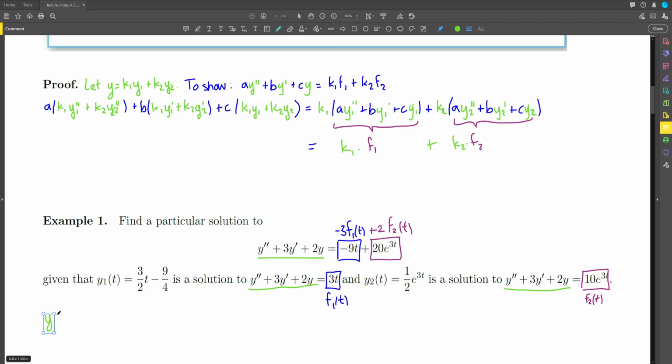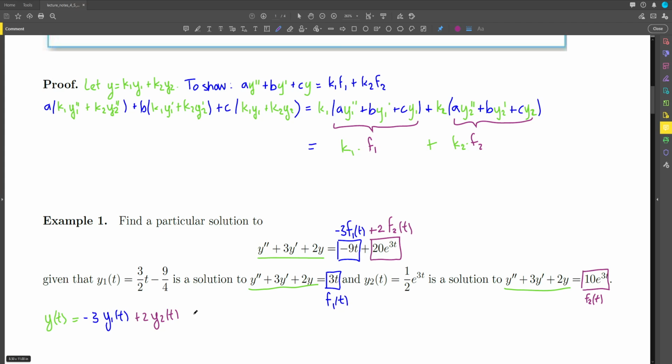The particular solution looks as follows. y of t equals, with that coefficient, negative 3 times y1 of t, and then plus 2 times y2 of t, right?